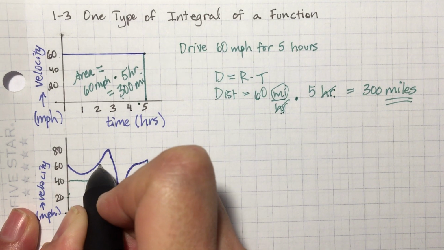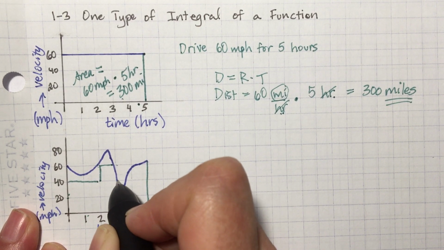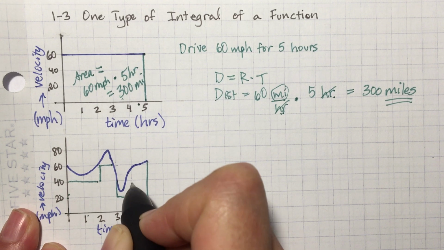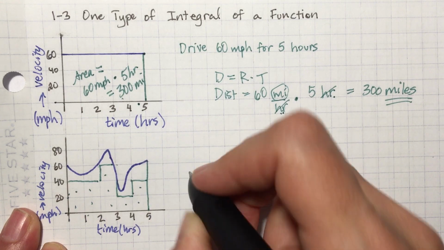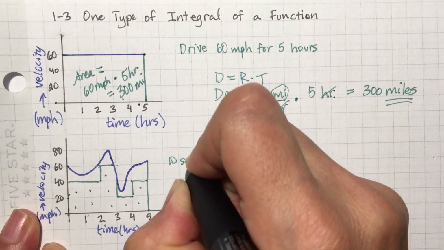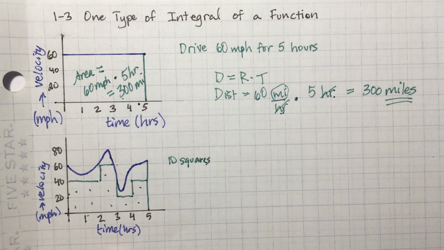So I'm gonna call this a whole square. I know it's a hair short, but I'm gonna say close enough. And then so we have 1, 2, 3, 4, 5, 6, 7, 8, 9, 10 whole squares. Now we need to find the portions of squares.